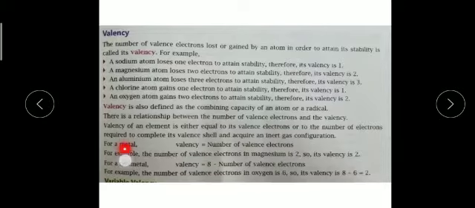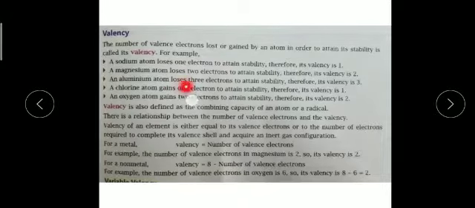For a metal, valency is equal to the number of valence electrons, and for a non-metal, it is 8 minus the number of valence electrons.